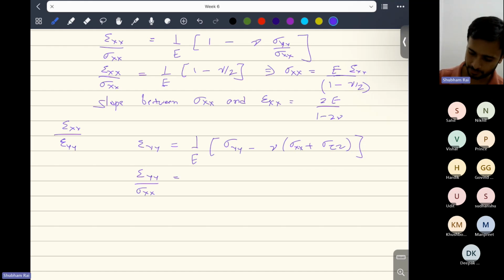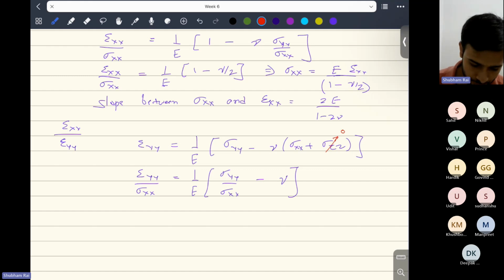If you do that, you get 1 over E times sigma yy over sigma xx minus mu, because sigma xx over sigma xx will be 1 and this is 0. And it's been given to you that sigma xx is twice of sigma yy, so here you will have 1 over 2.